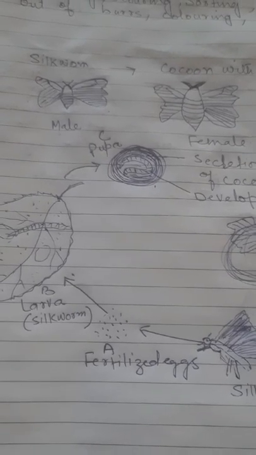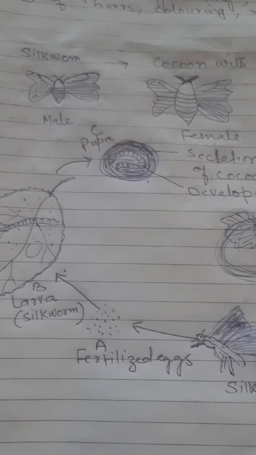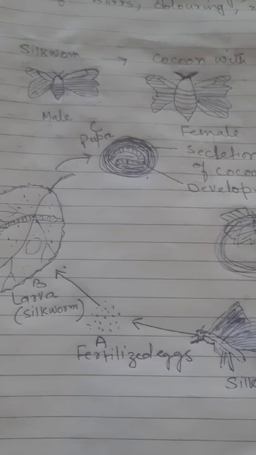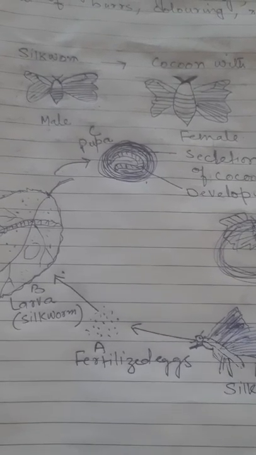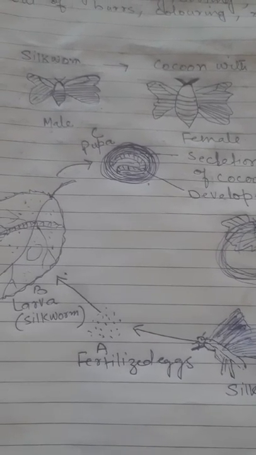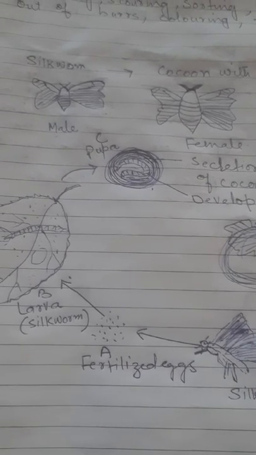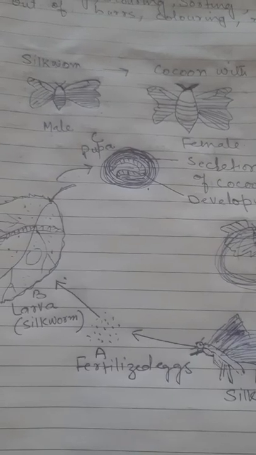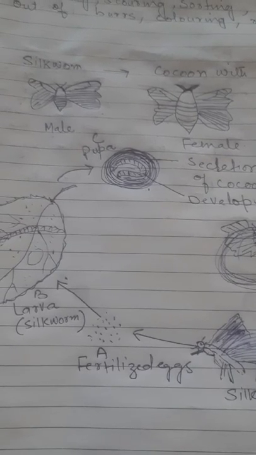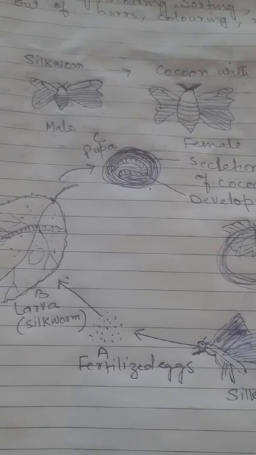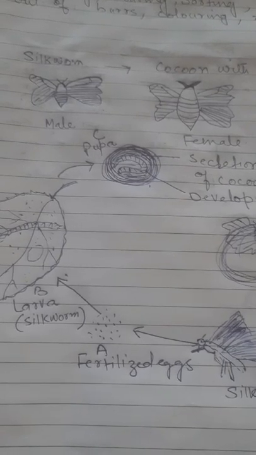Question number 11. Out of the following, which are the 2 terms related to silk production? Sericulture, floriculture, moriculture, apiculture and silviculture. Hint: silk production involves cultivation of mulberry leaves and rearing silkworms. The scientific name of mulberry is Morus alba.